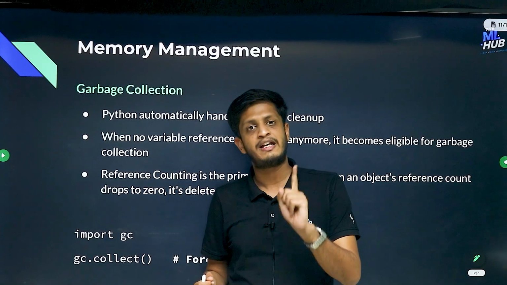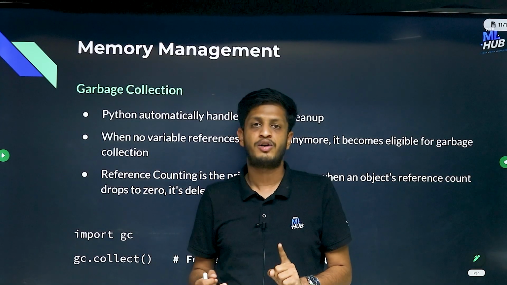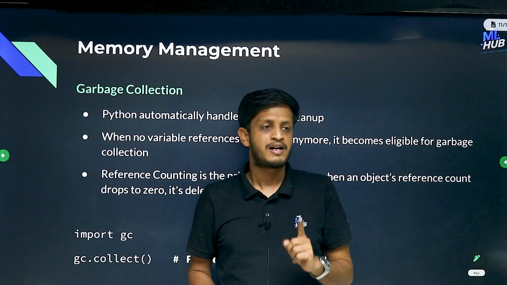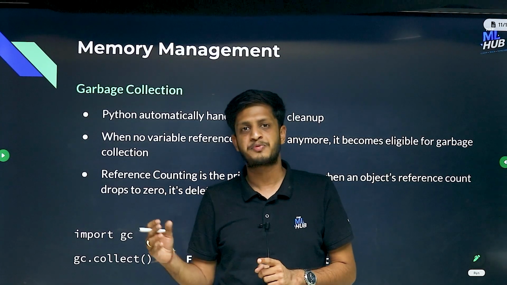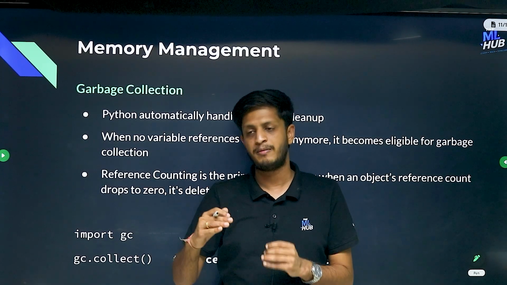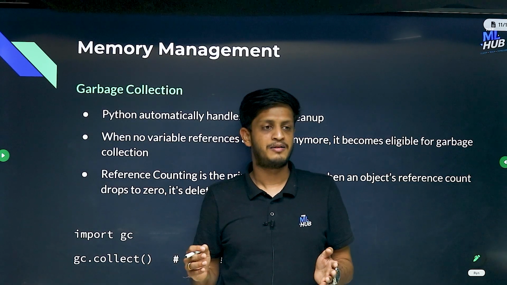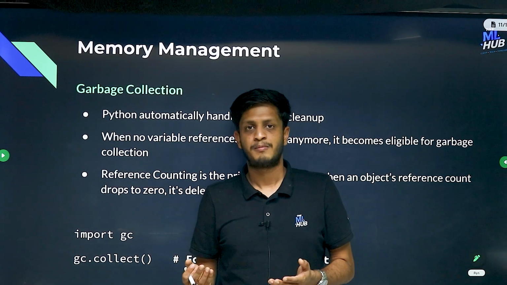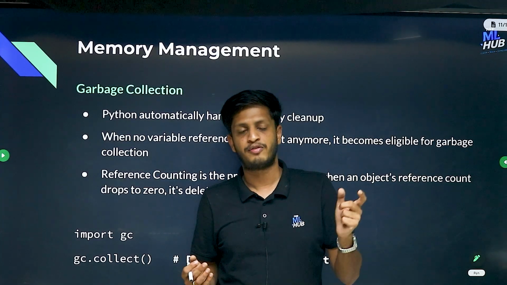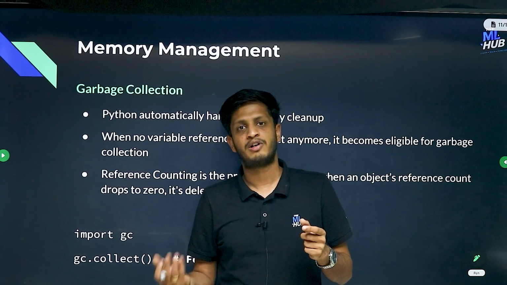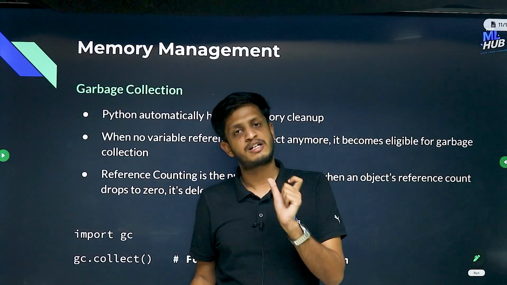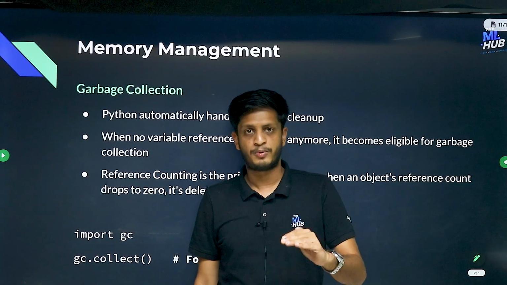But if you want to enforce garbage collection, if you are thinking that you are not getting enough memory, and at a certain point in time you are writing a large program and you feel that from this point I need a lot of variables at once and my program might crash because the garbage is not collected from before, and memory will not be available, you can enforce garbage collection through the program as well.